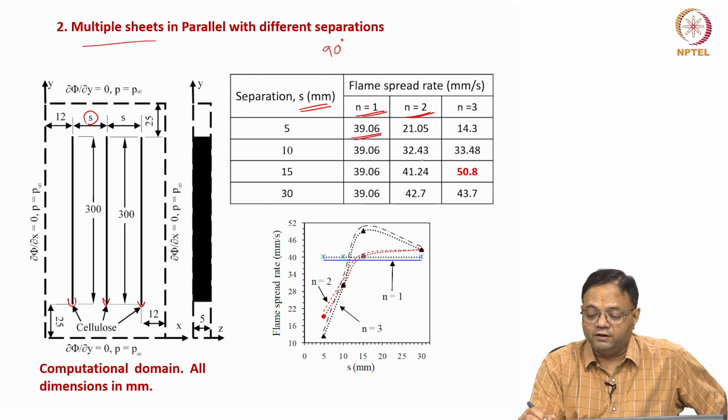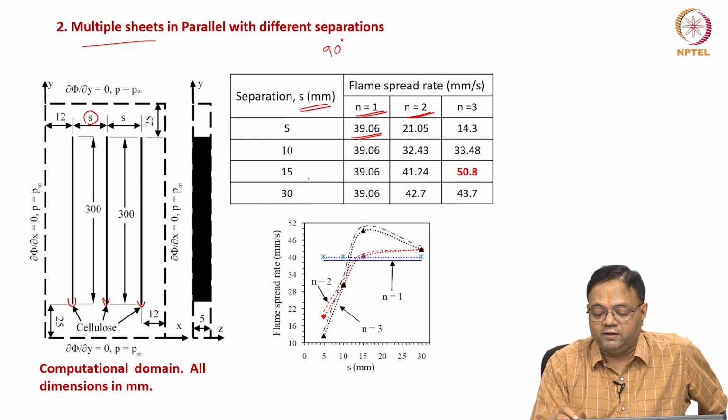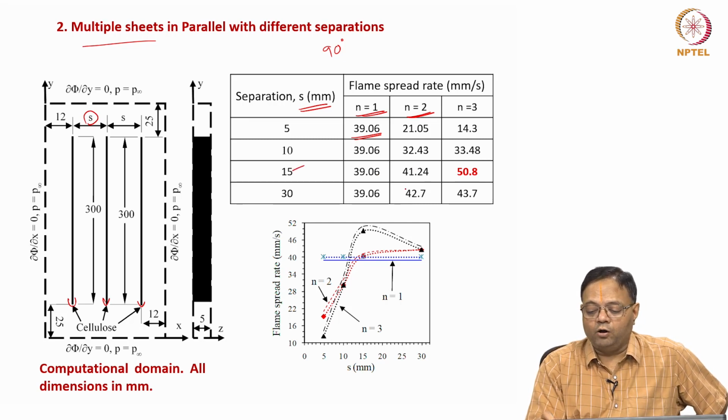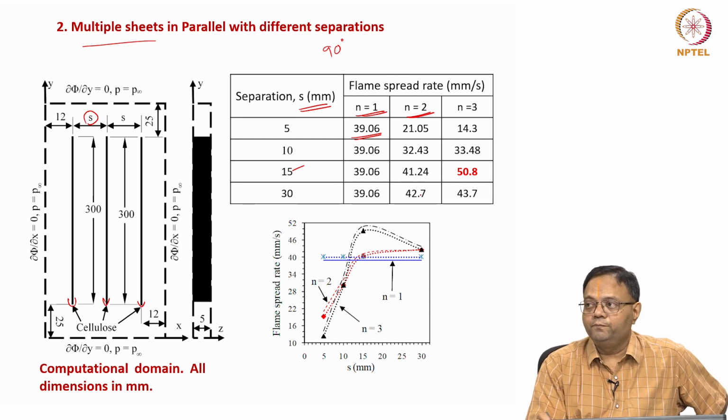Then it increases and reaches beyond the value of the single sheet case when the separation distance is about 15 mm, and it almost stays there, not increasing much. From 15 to 30, when you double it, there is not much variation in the flame spread rate for the n equal to 2 case.